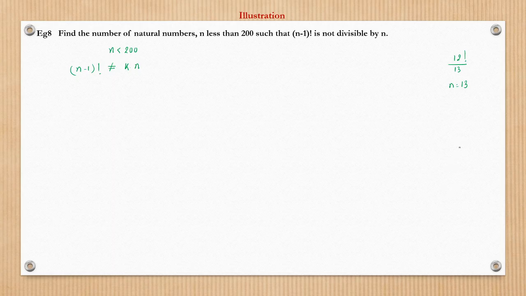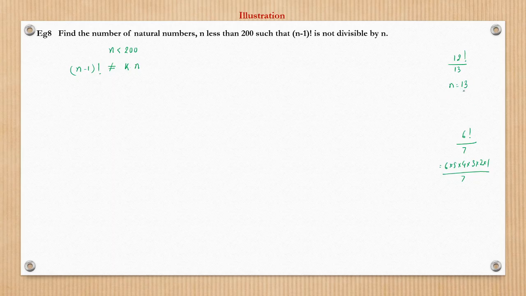Similarly, a smaller example, say 7, and here 6 factorial. Now 6 factorial is nothing but 6 into 5 into 4 into 3 into 2 into 1 by 7. This numerator has no 7 there; however, the denominator has a 7. So this will again not be divisible. Therefore, I can say with certainty that if n is a prime number, then n minus 1 factorial will not be divisible by n.